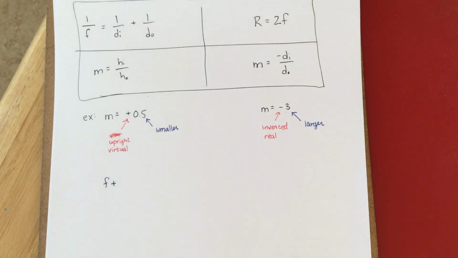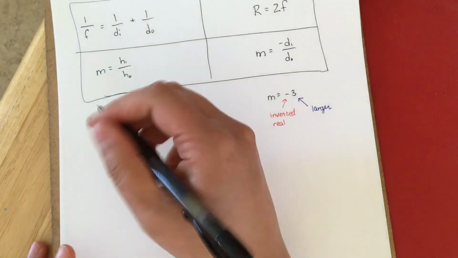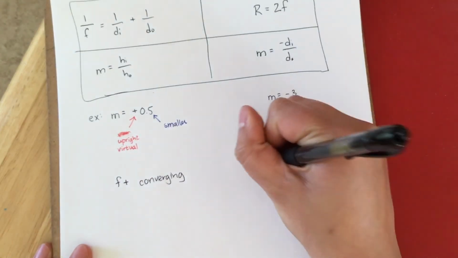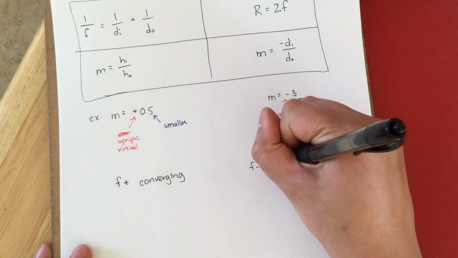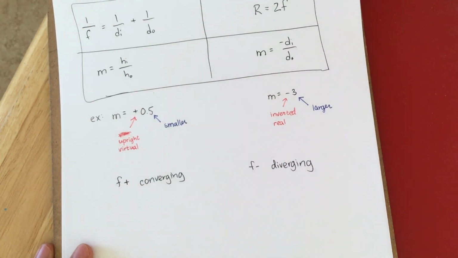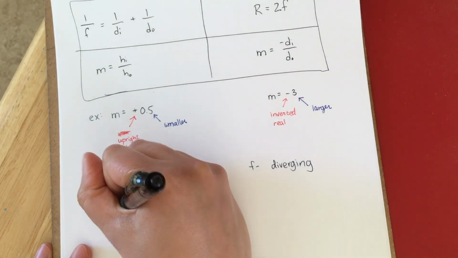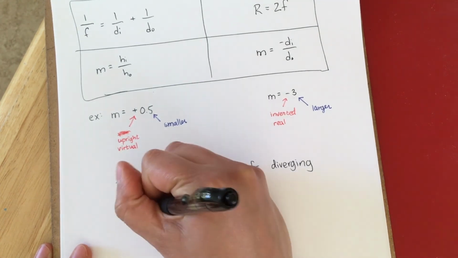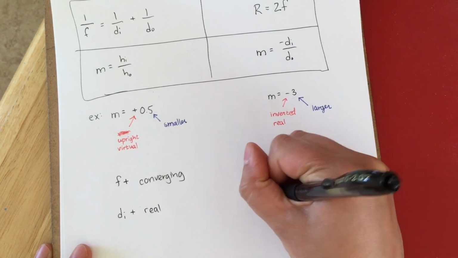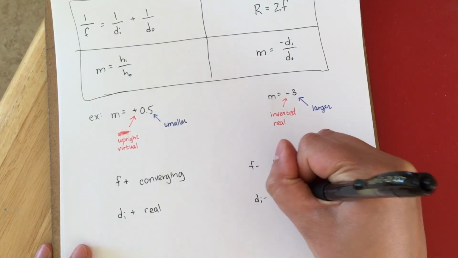Okay? So f positive means that this is a converging device. F negative means it's a diverging device. Similarly, if di is positive, that means it's a real image. If di is negative, that means it's a virtual image.